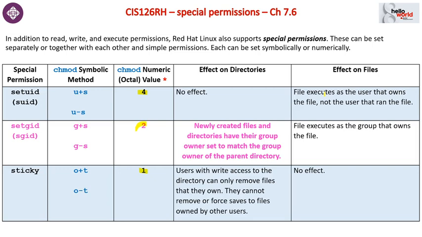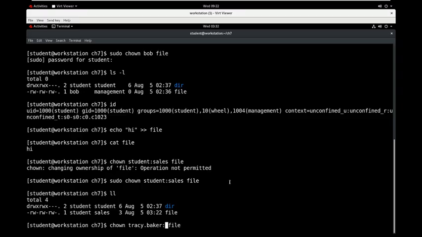Okay. So let's look at the terminal again. And what I've done here is I've created a directory off of root, so /chapter7.